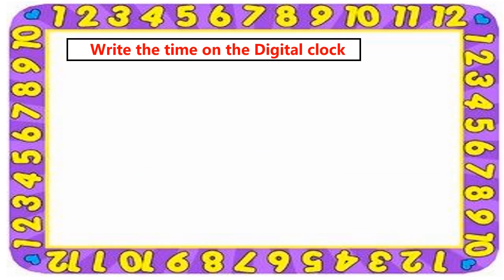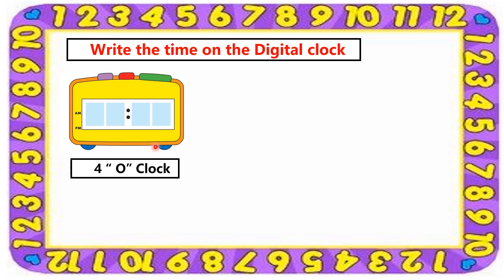So let's do some questions. Let's practice reading the time on a digital clock. Here we have a question: write the time on the digital clock. How can we write the time? Here we have 4 o'clock. How can we write 4 o'clock on our digital clock?